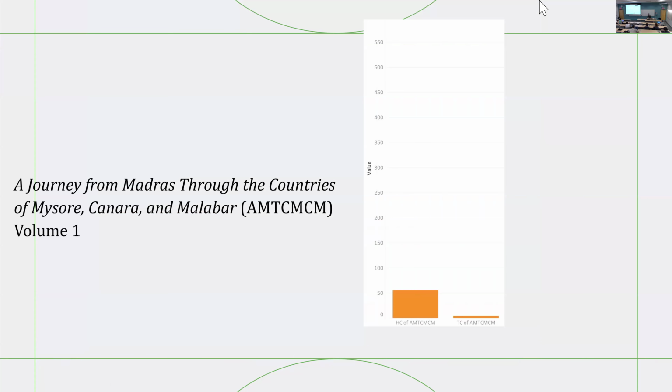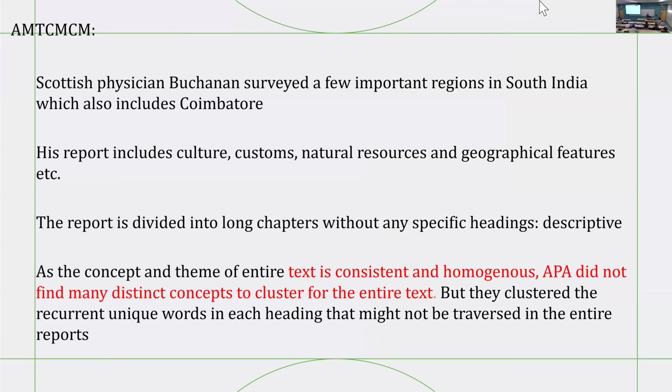But I looked into the details of some of the texts to understand what exactly happened. So this text, A Journey from Madras through the Countries of Mysore, Canara, and Malabar. You could see that the clusters appeared more, but the red clusters here, the submodel text clusters, appeared very less. So let's look into what the text says exactly. This is a Scottish physician who surveyed some of the regions in South India.